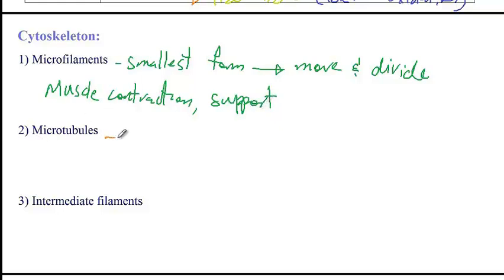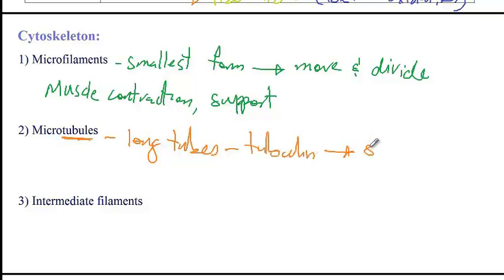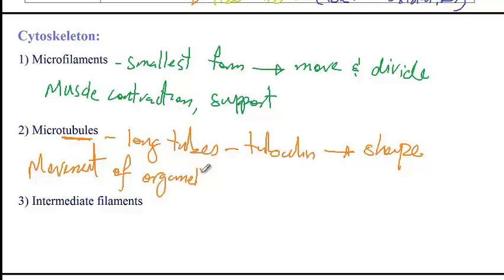Microtubules, on the other hand, these are long tubes that are made, as the name implies, tubules that are made of tubulin, and their function is to help maintain the shape of the cells and help with the movements of organelles. So you know how during cell divisions there are spindle fibers.